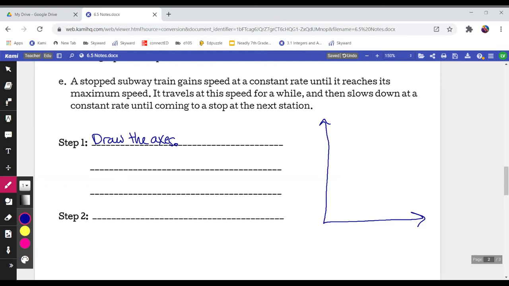And then label the vertical axis speed. And the horizontal axis will be time.